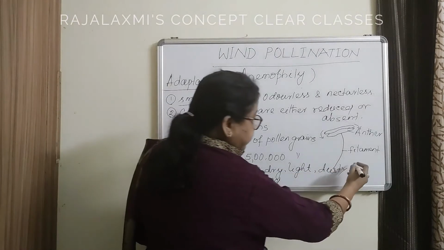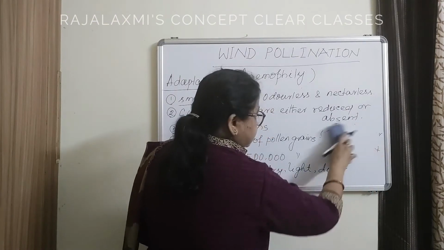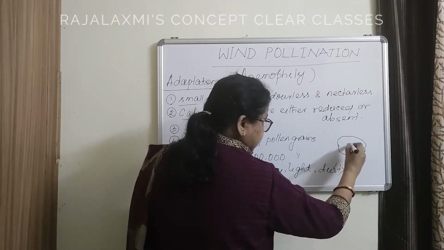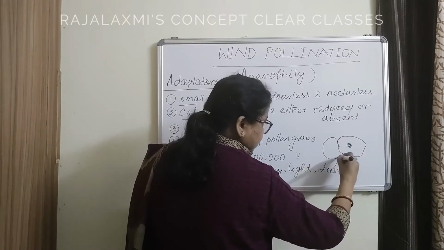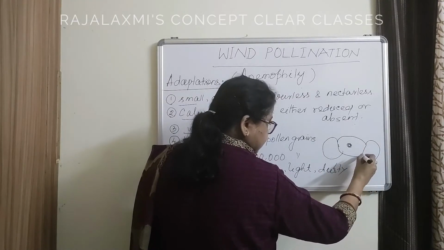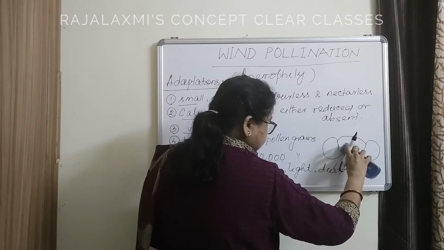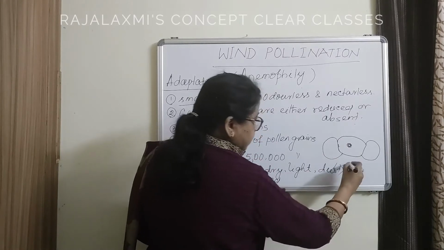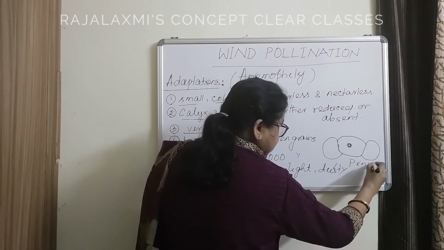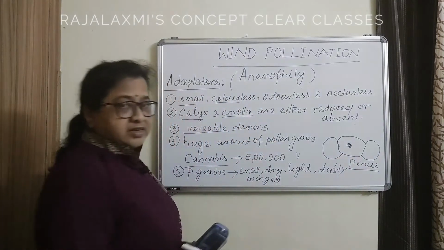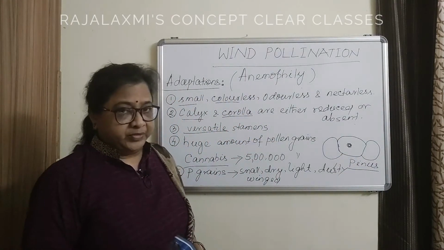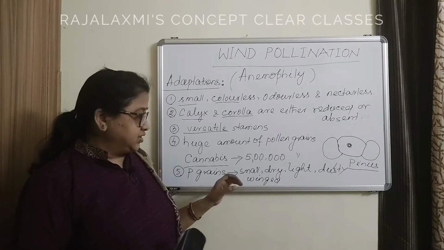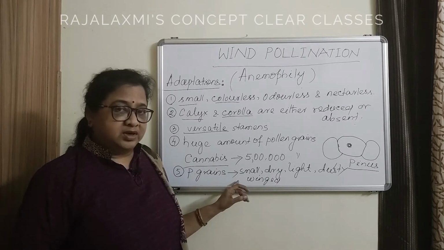Winged means in some plants the pollen grains have two balloon-like wings. For example, Pinus. In the Pinus tree, the pollen grains are provided with two wings. So, it facilitates the pollination of these pollen grains over a long distance.